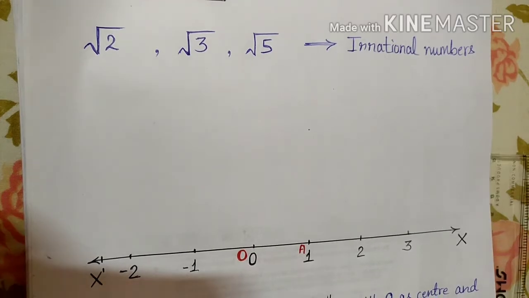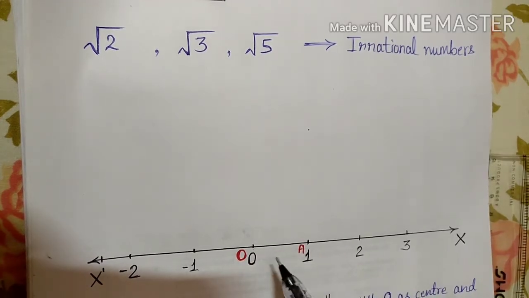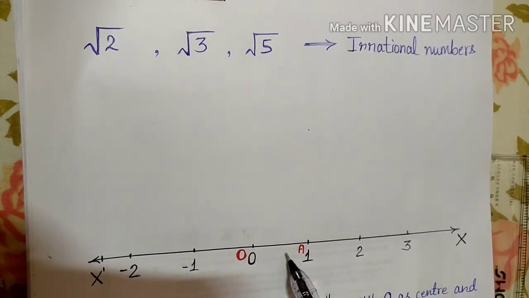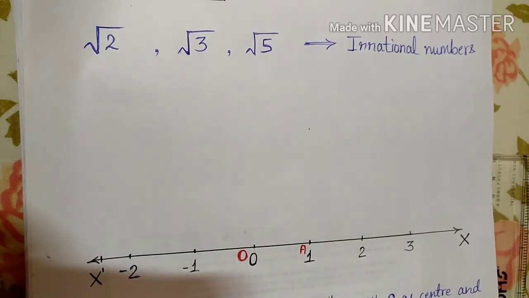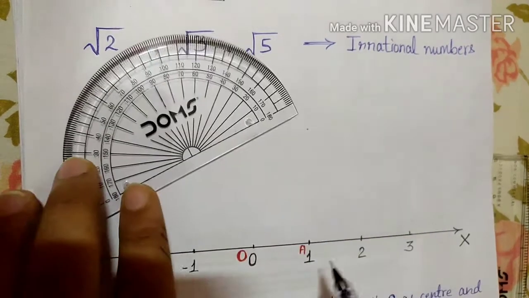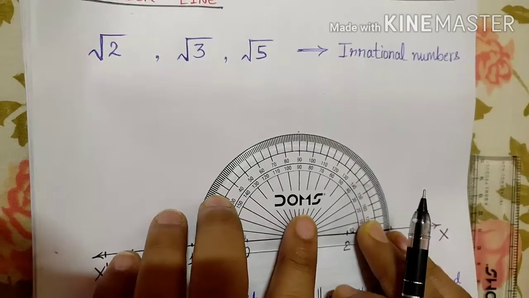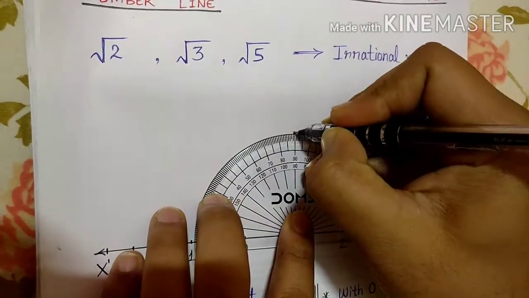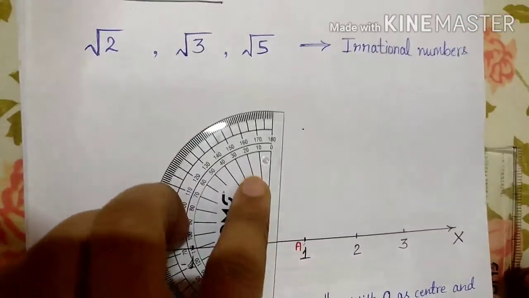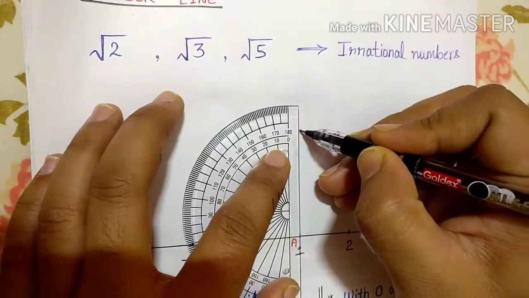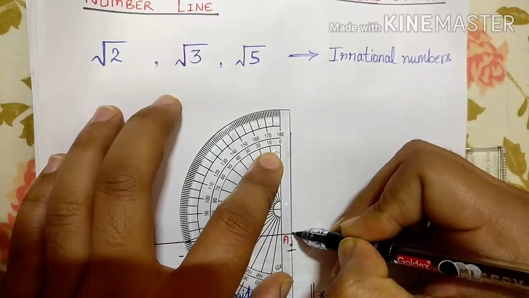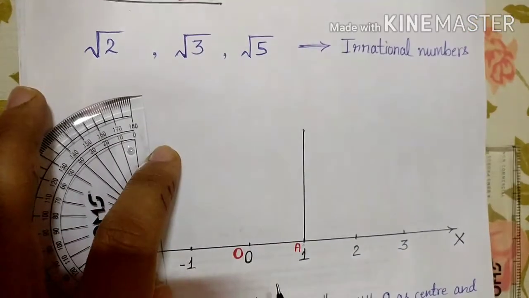After drawing OA as 1 unit, this distance is 1 unit. Now I am taking a perpendicular at point A, with the help of a protractor. I have taken this point here, and then I am joining this point with point A. So this is a perpendicular on OA.